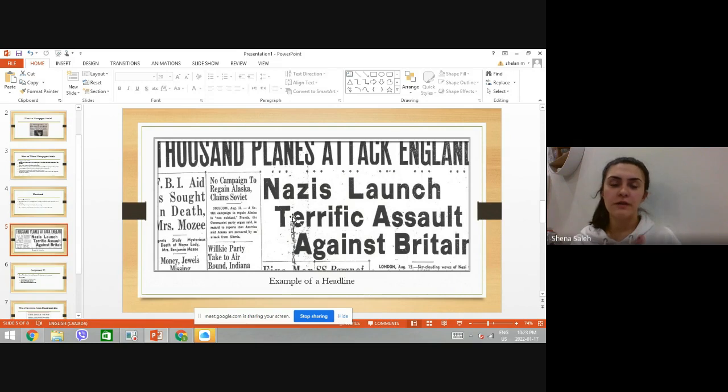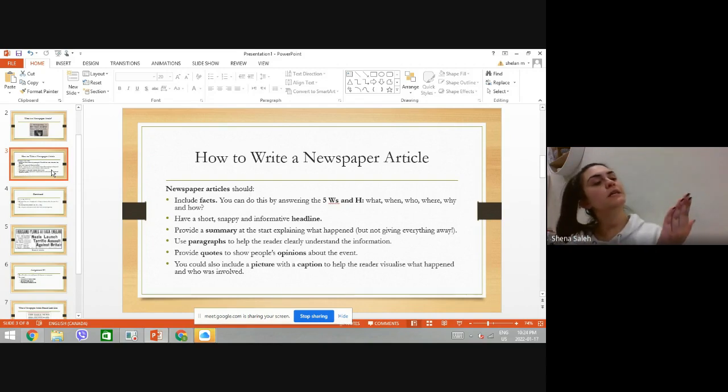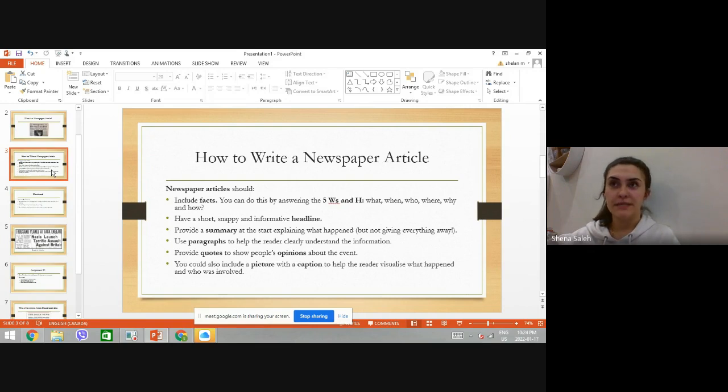We don't have the full newspaper for this because this was just about headlines for me to show you a picture. But usually newspaper articles show a picture, which is quite cool in my opinion, because that way the reader is like, "Huh, now I know what that looks like." Let's say Tommy, when he sees the refrigerator falling from the balcony, takes out his phone and takes a video.